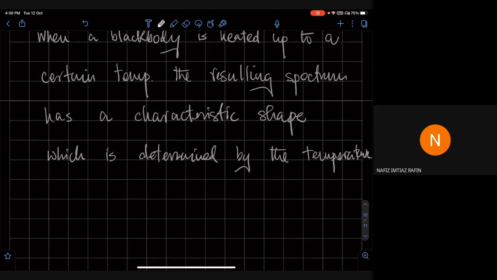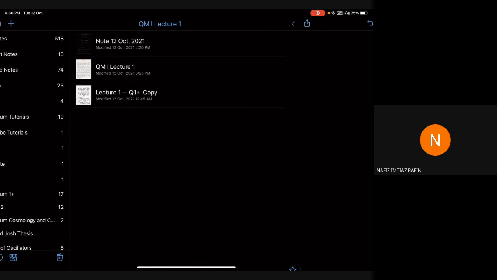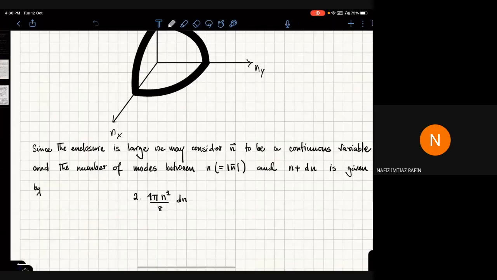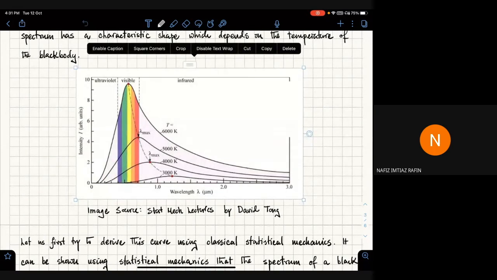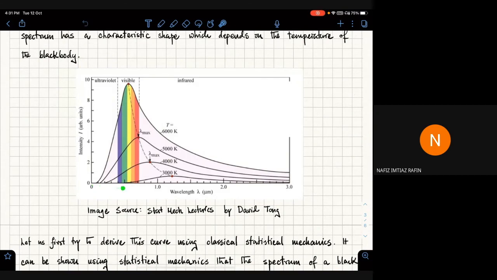Instead of me trying to draw this shape, let me just show you a picture. Here we have the wavelength on the x-axis and the intensity in arbitrary units on the y-axis. For a given temperature, each of these curves is given. So this is for, say, 6,000 Kelvin, this is 5,000 Kelvin, 4,000, 3,000, and so forth.